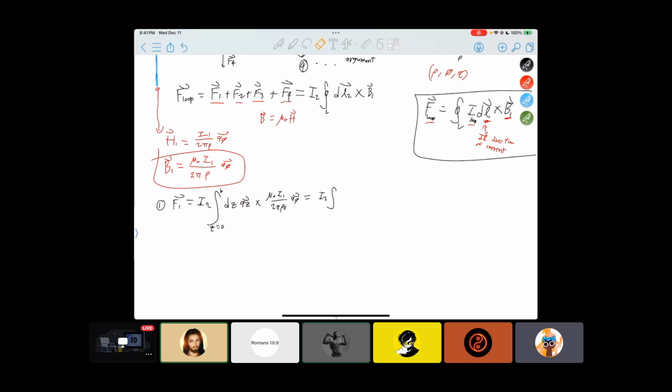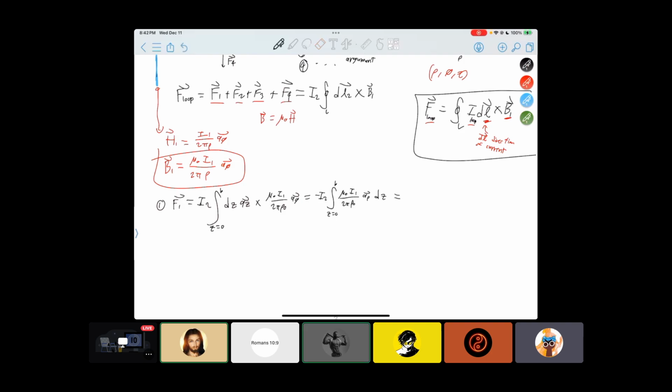And when you actually do this math, which I'm going to do because I want to make sure I know what I'm doing, this is going to be mu naught I1 over 2 pi rho naught dz. And this, oh yeah, this is minus A rho, and we'll make this negative, put it out here, dz.